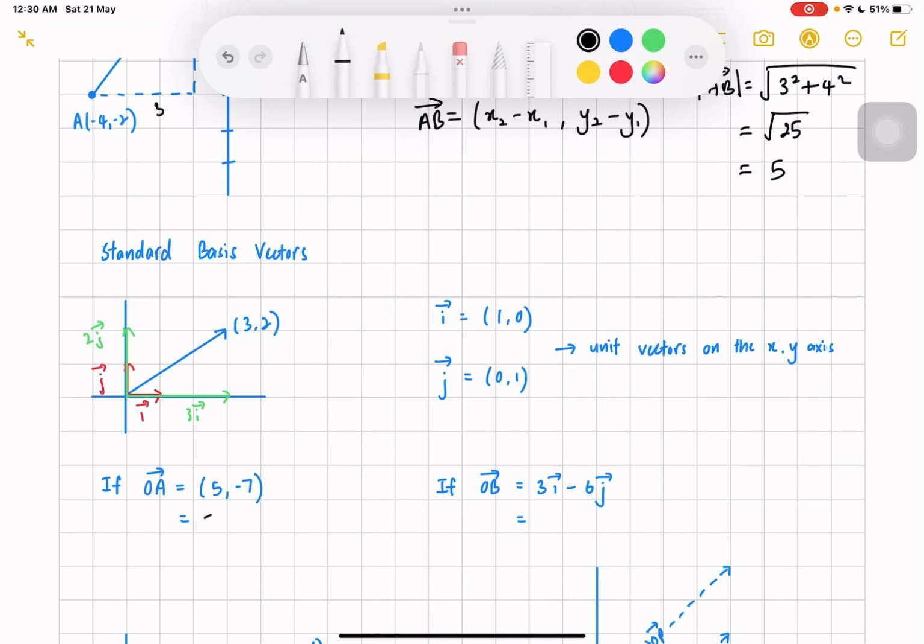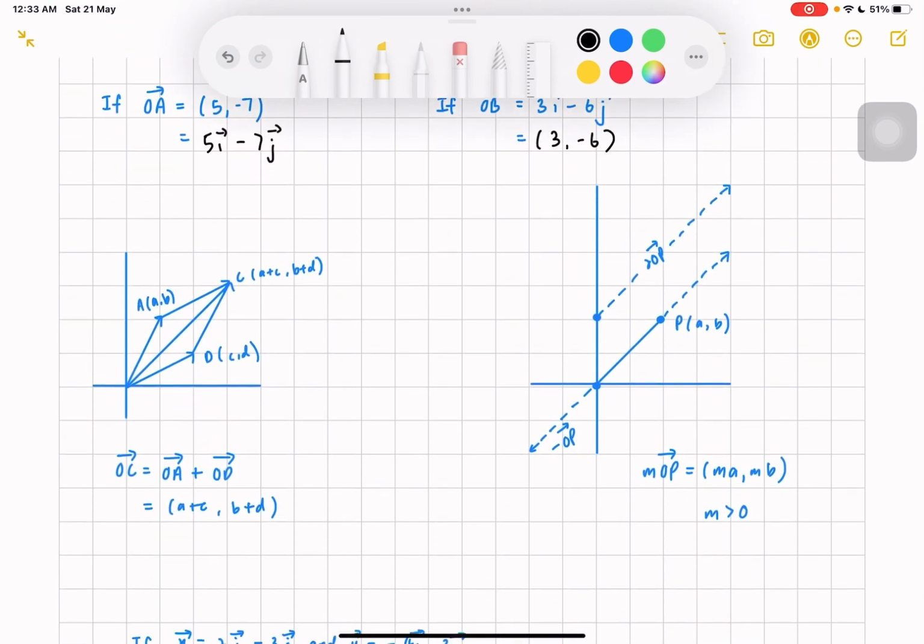We just put 5 vector i's minus 7 vector j's. And conversely, if we are given vector OB is 3 vector i's minus 6 vector j's, then the coordinate, or the point, would be 3 and -6. Very simple, right?